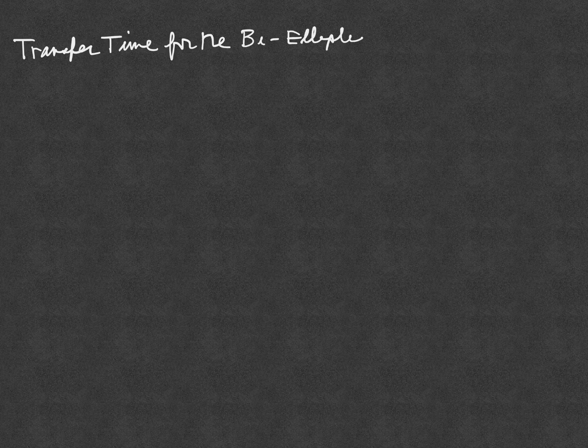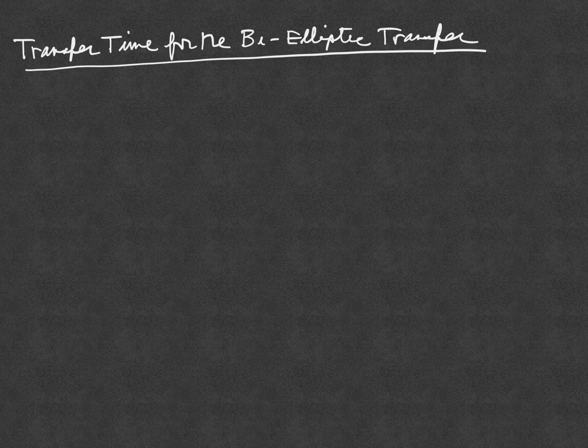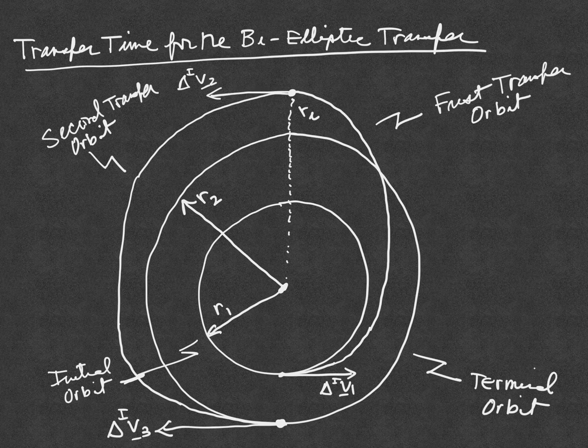Now the next topic in this lecture is the transfer time for the bielliptic transfer. So let's take another look at the diagram of the bielliptic transfer. It can be seen from the diagram that the bielliptic transfer consists of two transfer orbits, each of which is half an ellipse.